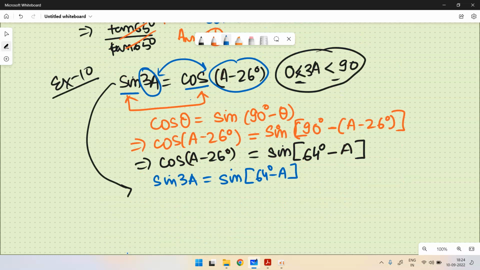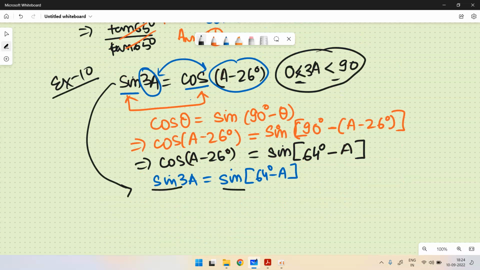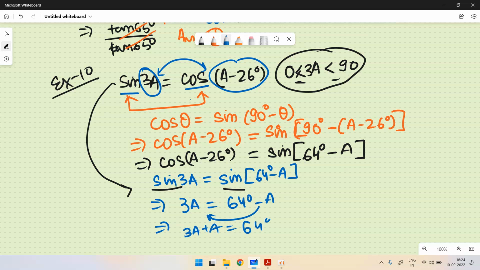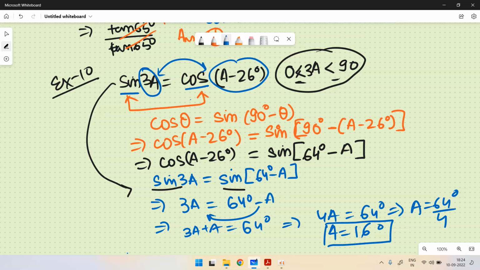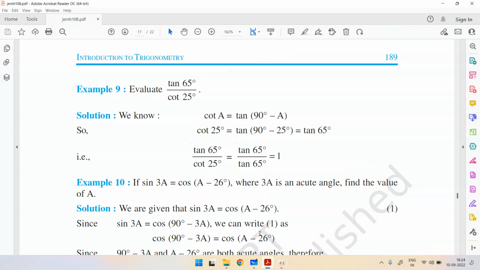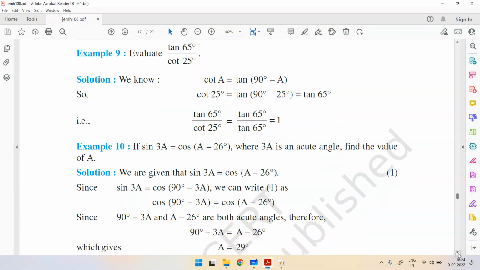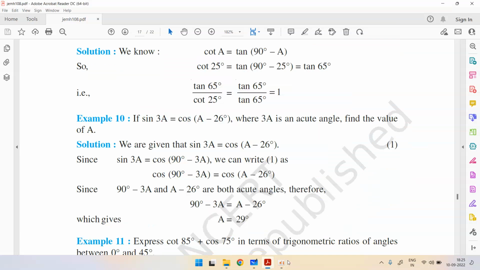Since there is sine and sine, the inside angles are equal. Taking a to the left, 3a plus a equals 64 degree, so 4a equals 64 degree, and a equals 64 degree by 4, which is 16 degree. So a is 16 degree.